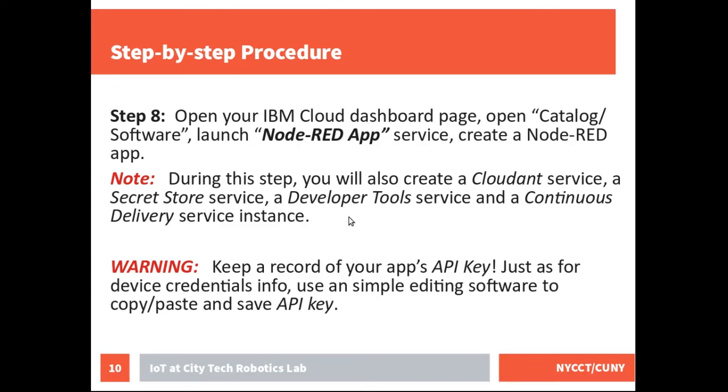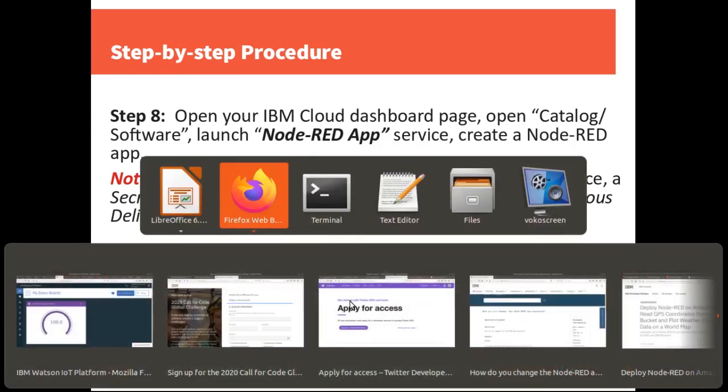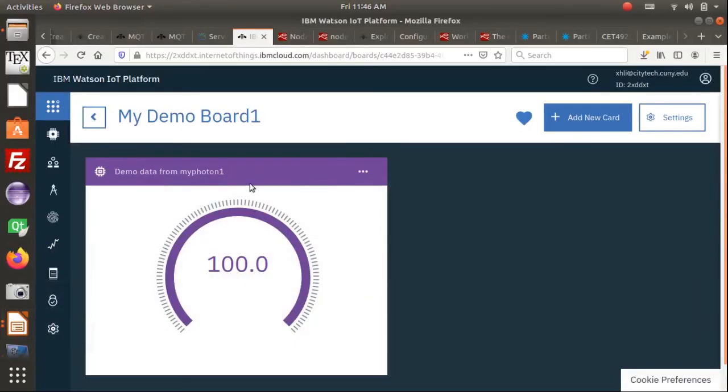Now here's the step where we're going to create the Loader app. I have a warning here: keep a record of your app's API key. Just as with the device credential information, you can use simple editing software to copy and paste and keep a record of the API keys. The API keys will be very important.